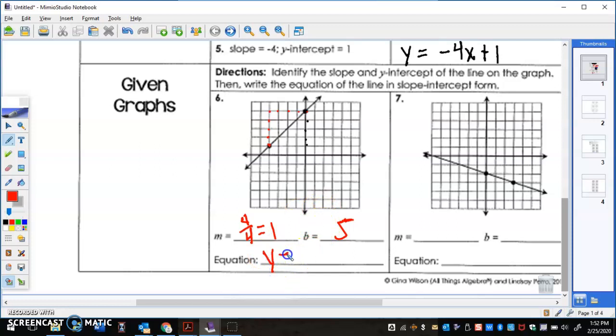So let's plug that into our equation. y equals mx plus b. That's the equation we're going to keep using over and over again. y equals mx plus b. So the m is 1 times x plus b, which is 5. Why didn't I put a 1 in front of the x? Because you don't have to, but if you do, it's okay.